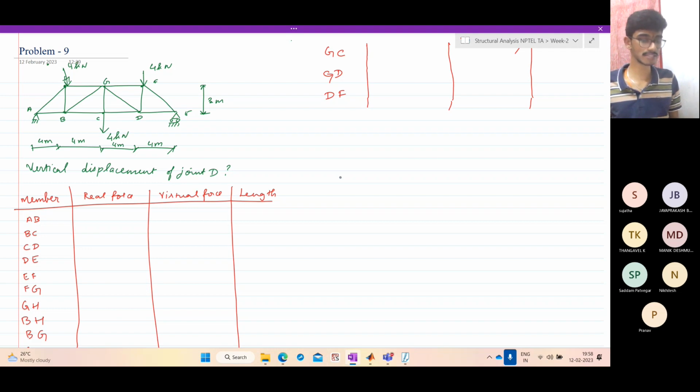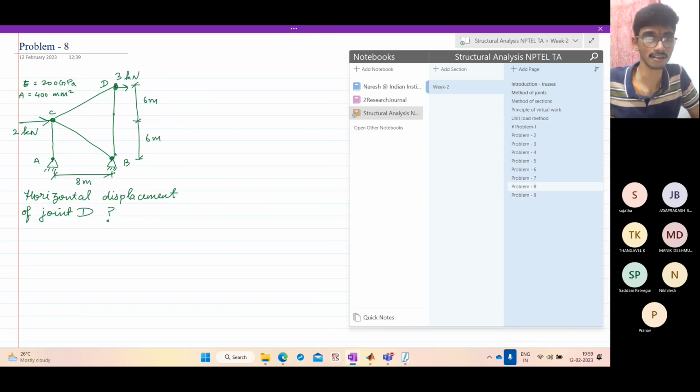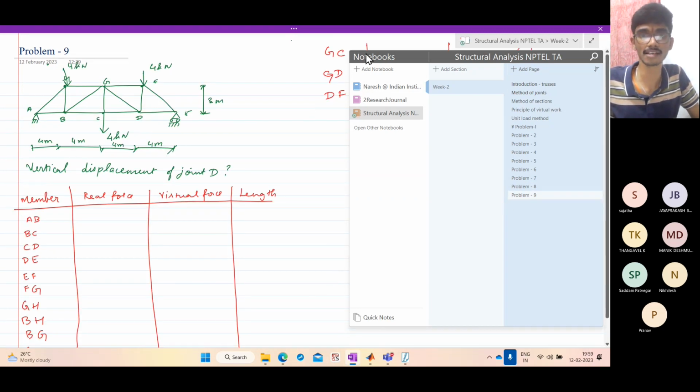So probably if I do this, it will help you more than the other. So I think the load is just shifted to points B and D. So let me help you with this. The previous one is an easier one. This just consists of 4 members. This you can do easily. Let me just help you with problem 9. Then we'll close the session.